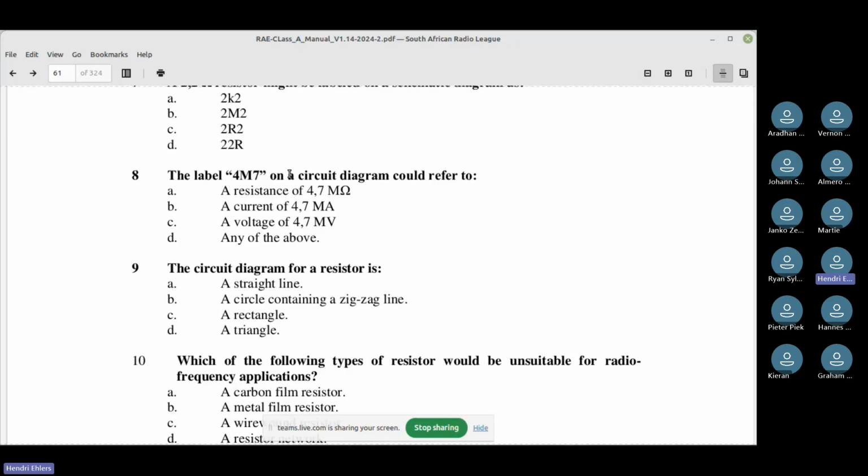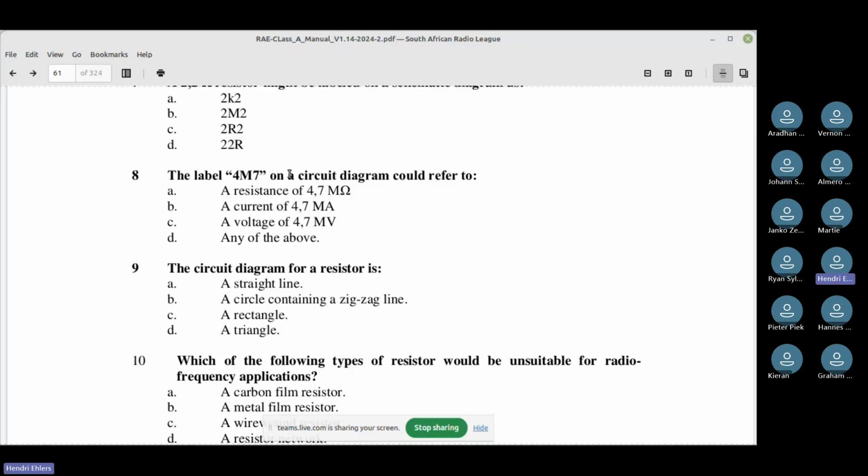A label for 4M7 on a circuit diagram could refer to. Okay, but if it sits next to a resistor, it would be resistance, or like amps, so it could be any of the above. There's never a unit of measure indicated. That's it. So it could be 4M7, so it can be 4.7 megavolt.